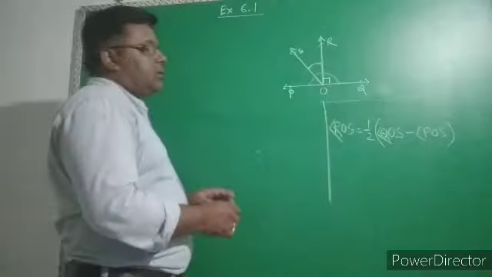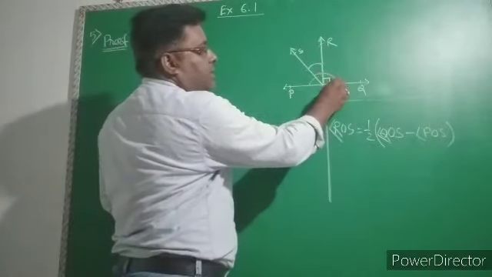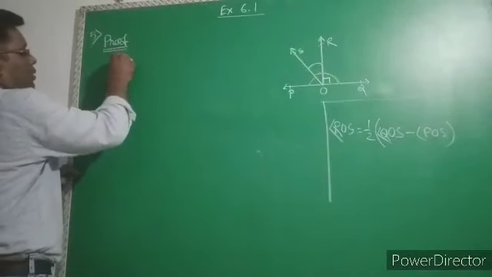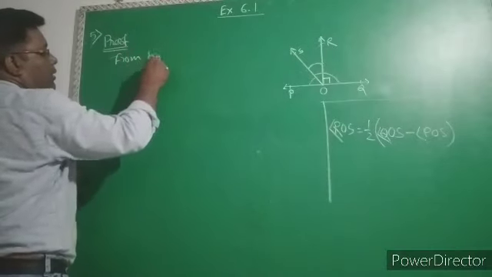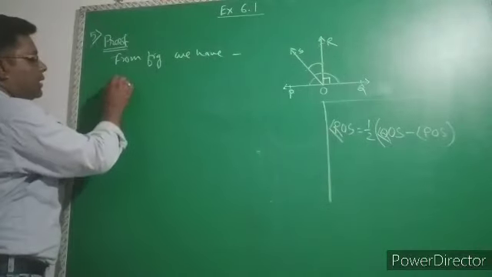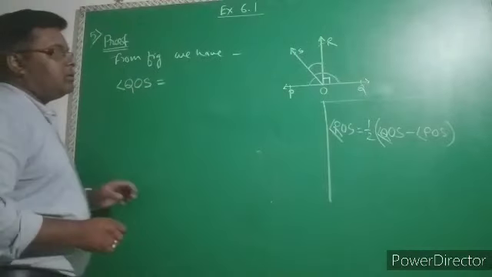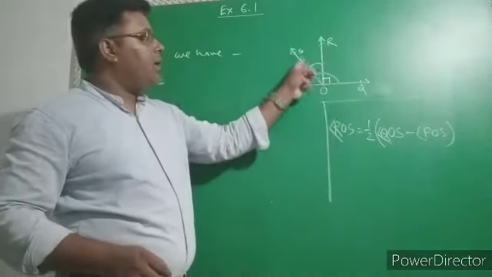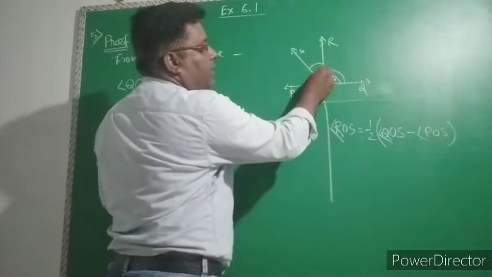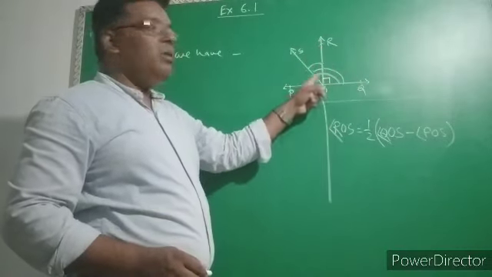So we have QOS minus POS. So this is the QOS. So first we'll write from the figure, we have from this figure angle QOS is equal to, we have two angles combined here, angle QOR plus ROS.